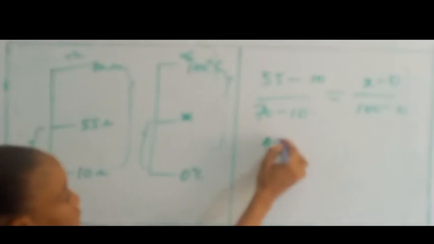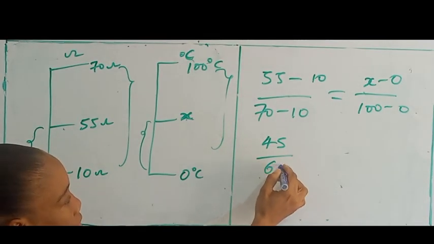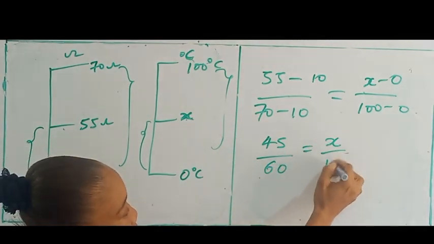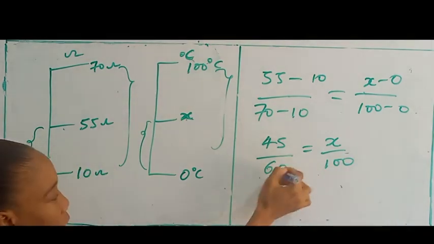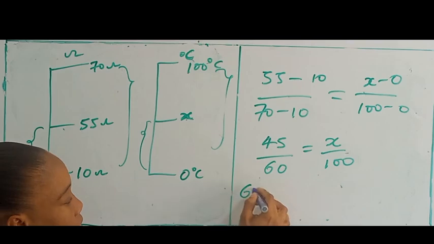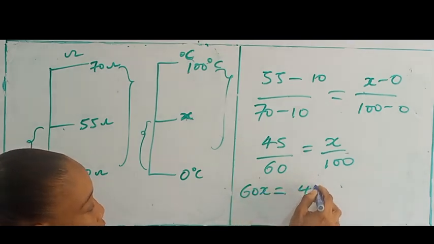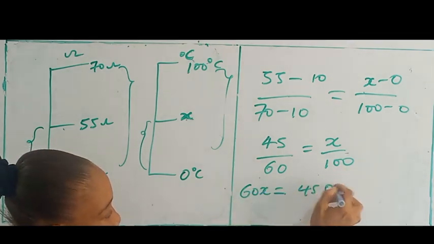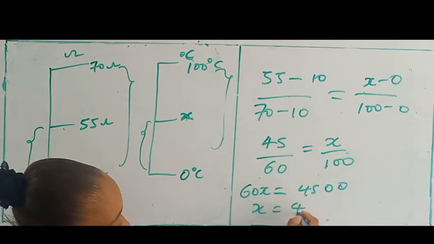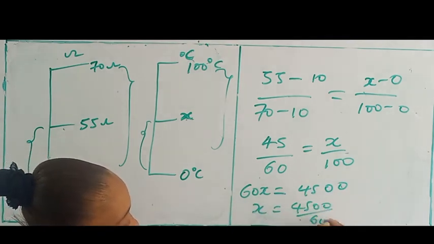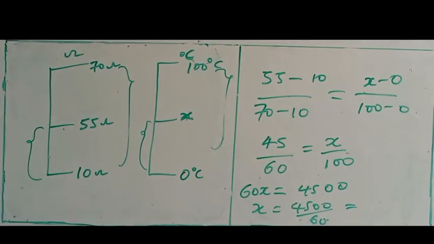So this will give us 45 over 60 is equal to x over 100. If we cross multiply, 60x is equal to 45 times 100. So x will be 4500 over 60, then we'll have our final answer to be 75 degrees C.